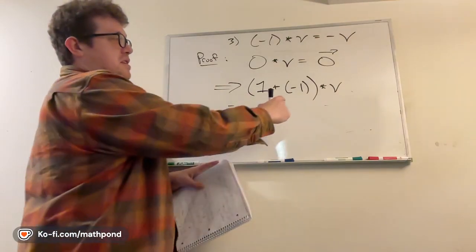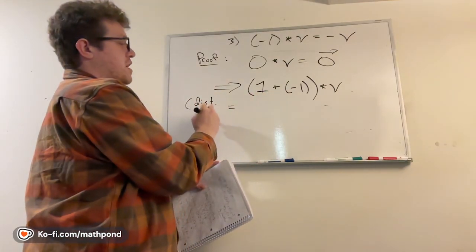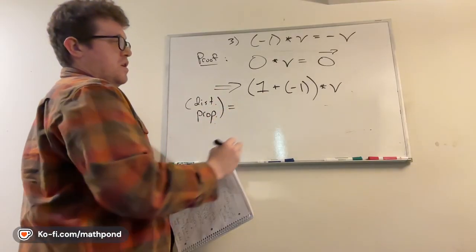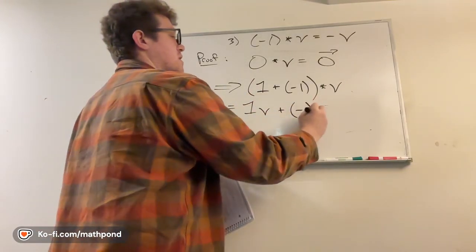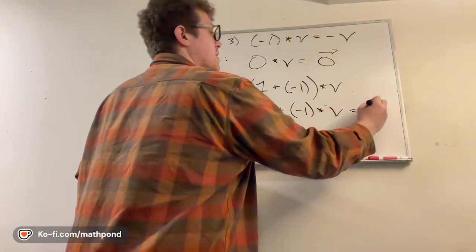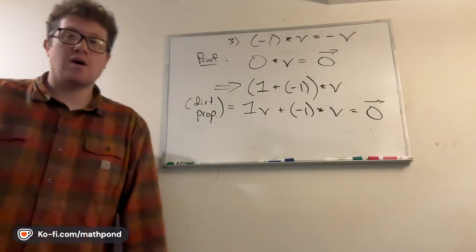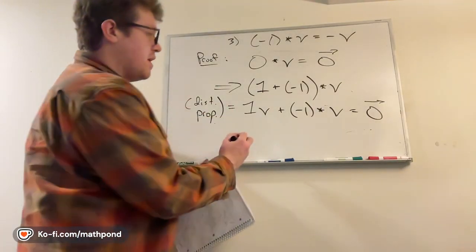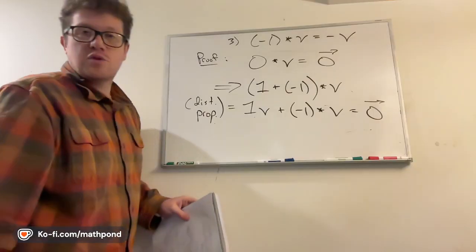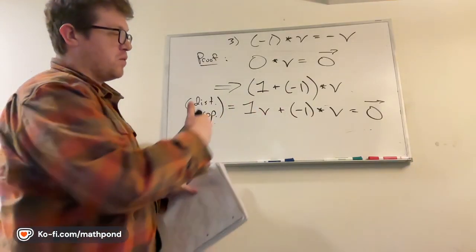So that means that this, by the distributive property, again for scalars, is 1 times v plus -1 times v, and this equals the 0 vector by part 1, because 0 times anything is 0. Now we're going to use one of the axioms that says 1 times the vector, we just get the vector back when we scale by 1.